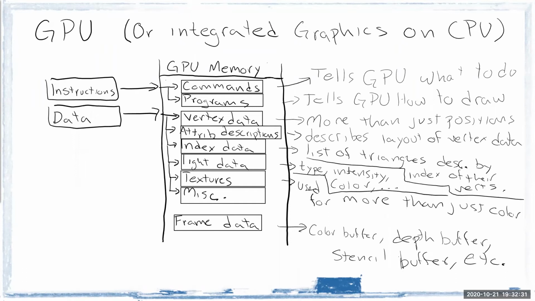And the next programmable parts of the pipeline are the geometry shader and the tessellation shader, which I won't go into too much detail about, but they sort of transform the vertex data, add to it or take away from it once it's passed into them.